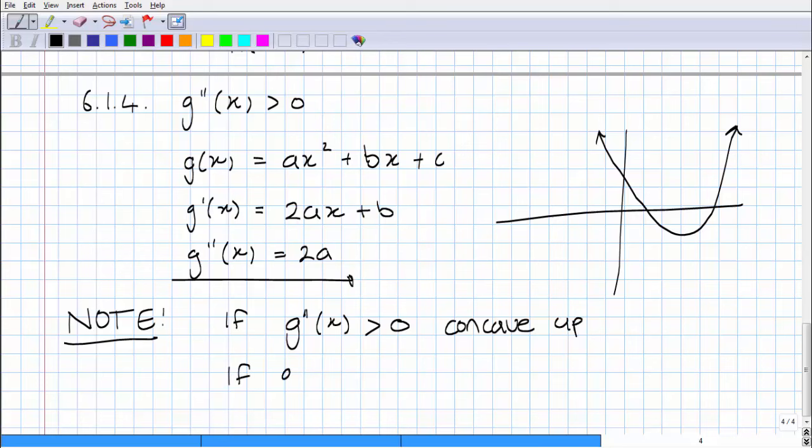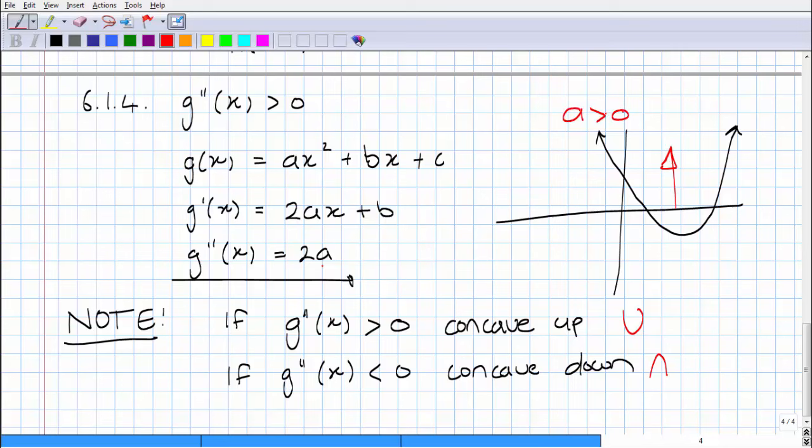And if g double dash of x is less than 0, we have concave down. Okay, so concave up, concave down. So this one is clearly concave up. And if that's concave up, that means that the second derivative has to be positive. And we can see here, we know that a is a positive value because it's a smiley face.